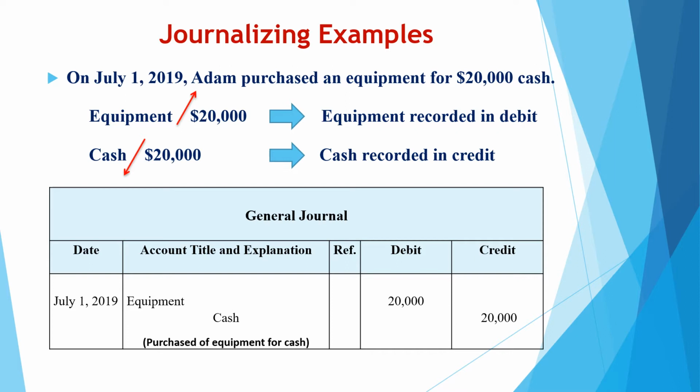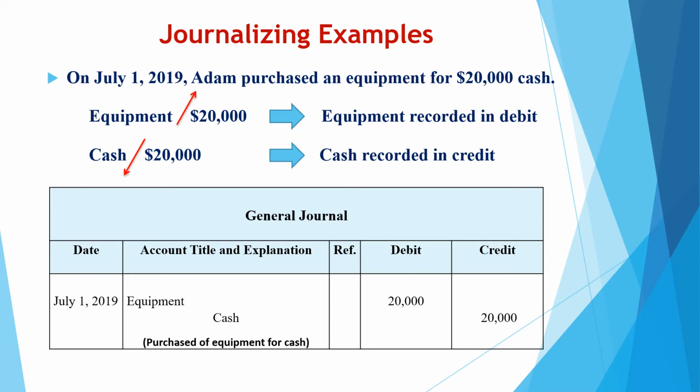Now we know that the two accounts affected are the equipment and the cash account. But which account should be recorded in debit and which one should be recorded in credit? To answer this question, we must know the normal balance. In this example, the two accounts affected are equipment and cash. Both are assets.